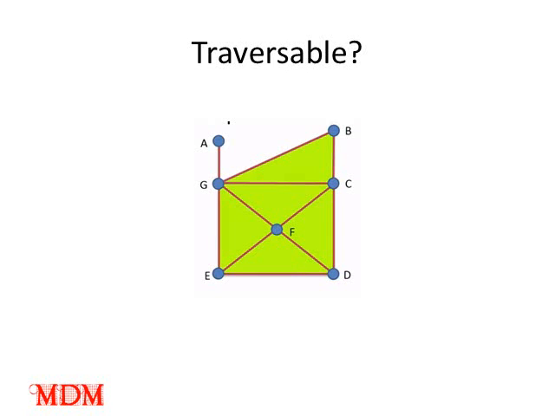But could we just look at a particular graph to determine whether or not it's traversable? It turns out this one's not, but we might spend a good bit of time and effort to figure out whether or not it is.